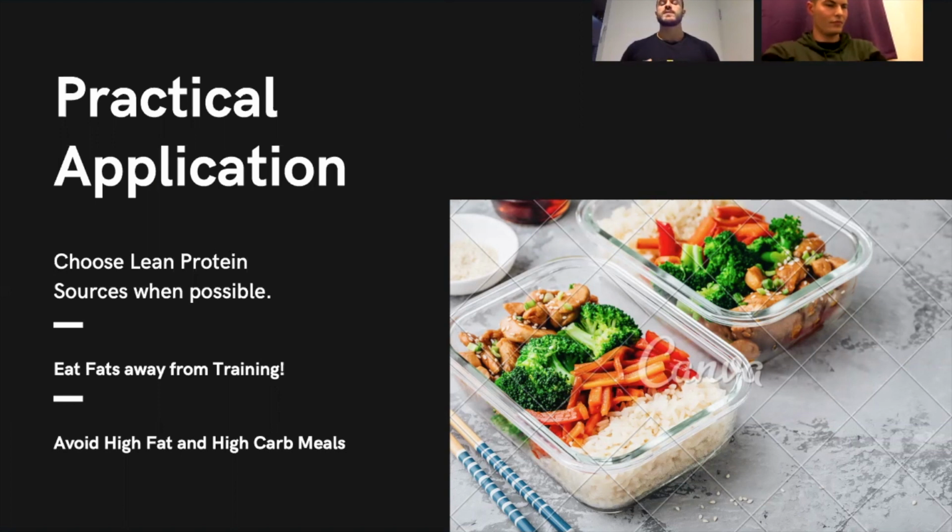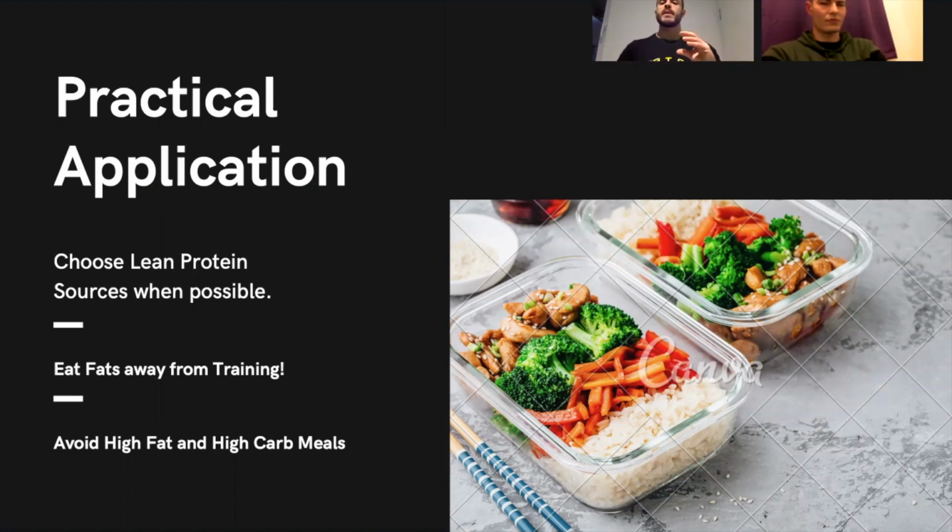Why? Because it makes it easy to track. Let's say I wanna get my protein. I'd rather get a lean protein source like chicken breast or lean minced beef, because I know that I will get mostly protein, so I can track that, and then I will add the fats. So I will look at avocado, nuts, or oils to add the fats to it.